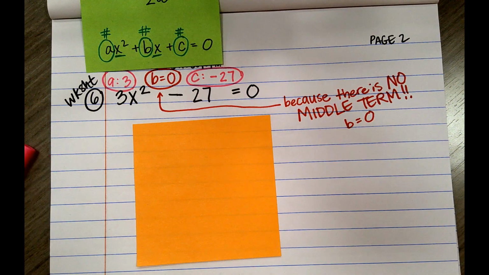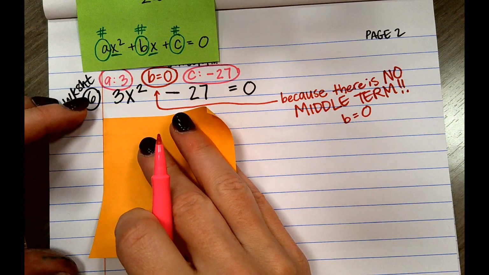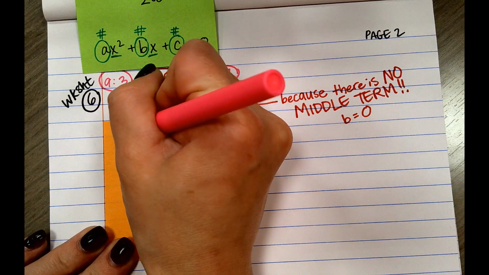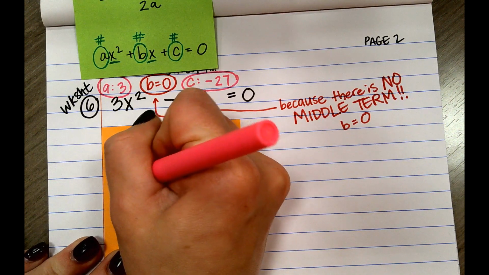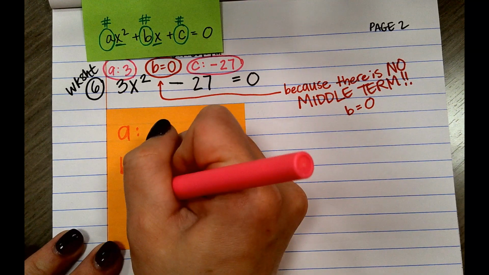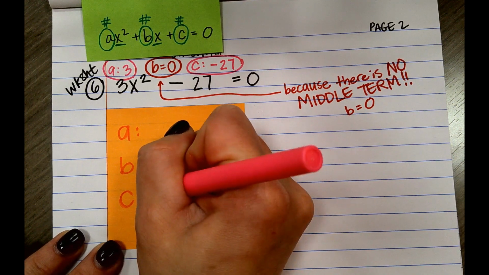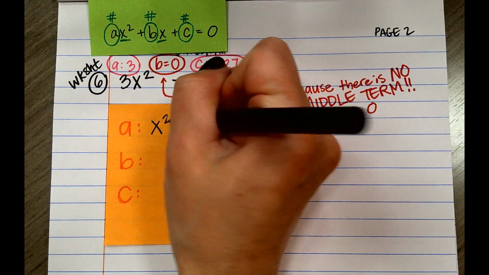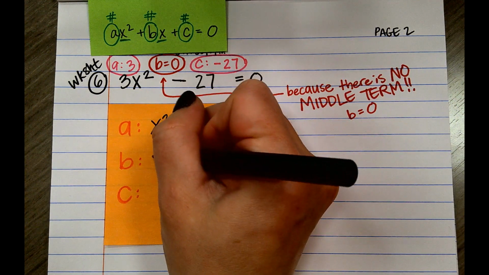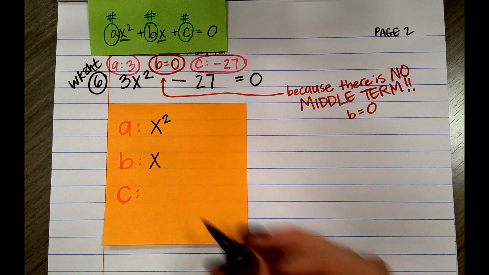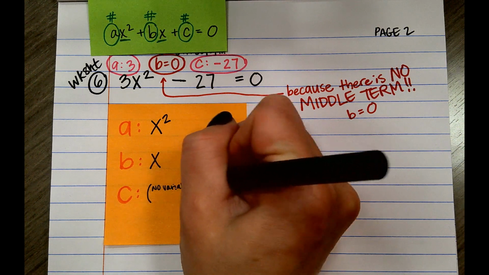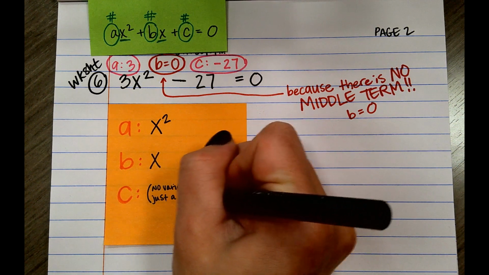I'm going to write A, B, C. A is x squared, B is x, C, no variable, just a number.